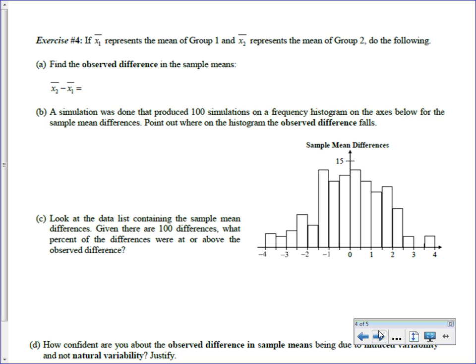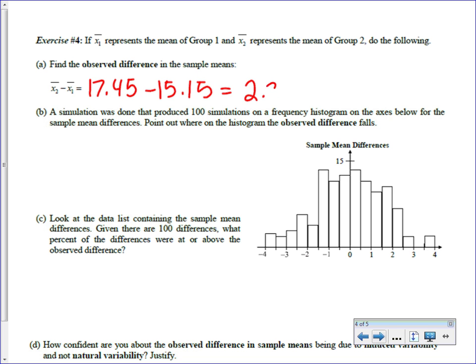So exercise 4. If the mean of sample group 1, so that's where it says sample mean 1, represents the mean of group 1, and sample mean 2 represents the mean of group 2, then do the following. First, find the observed difference in the sample means. All that means is we're literally just subtracting the difference in the means. So 17.45 was for group 2, and 15.15 was for group 1.